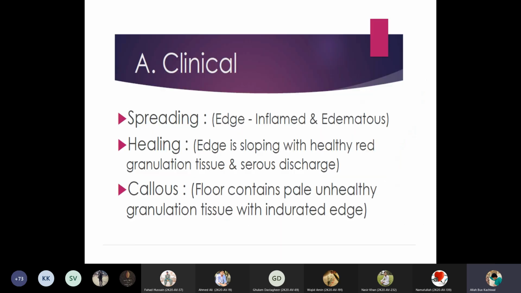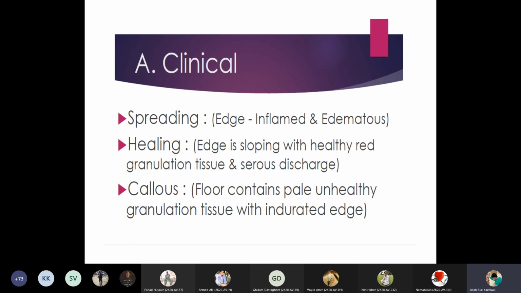So these are the clinically classified ulcers.